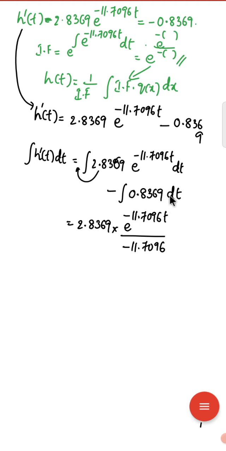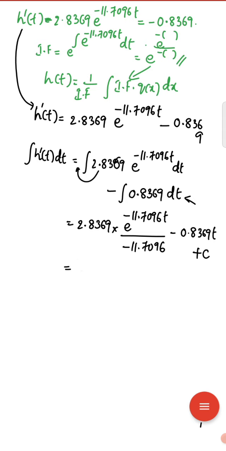And the integration of the second integral is nothing but 0.8369 t plus the integration constant.